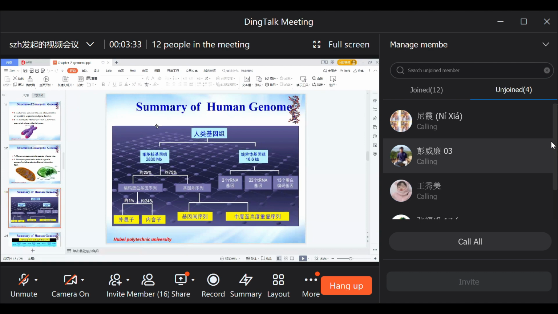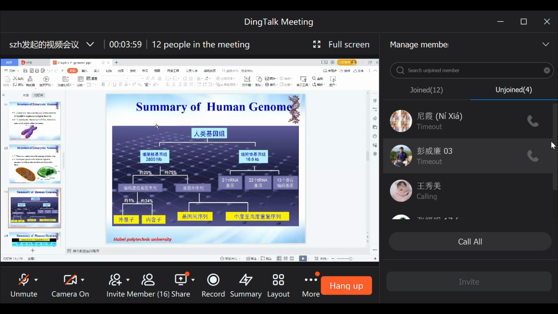We study complex 1, complex 2, complex 3, complex 4; they are subunits of all of these complexes. And it also codes 2 ribosomal RNAs and 22 tRNAs.